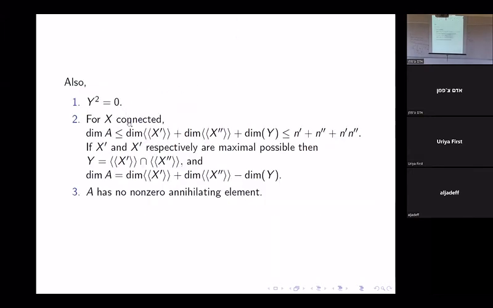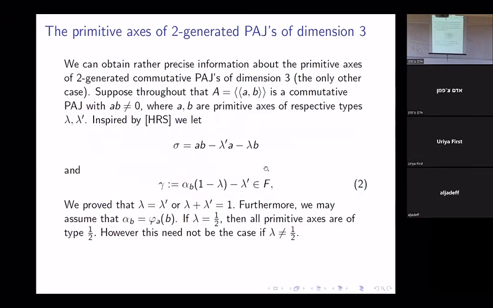Y is equal to 0 for X connected. If you take these to be maximal possible, which means you apply all the Miyamoto involutions to them, then you get precise equality of the dimensions. And A has no annihilating element.